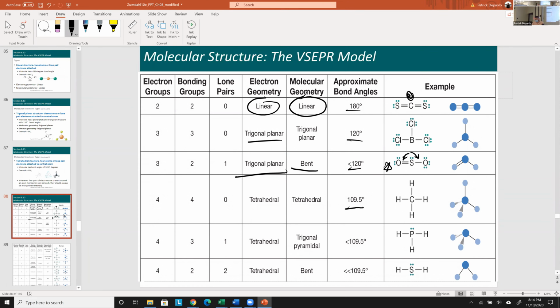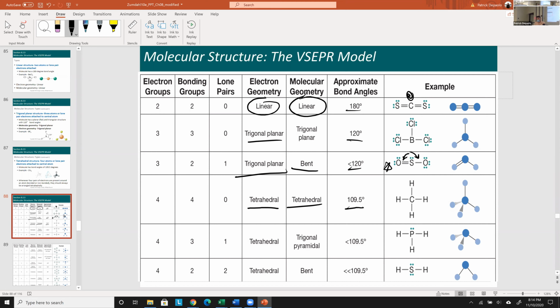Next one. 4 electron groups and they're all bonds, just like methane. Therefore, the electron geometry is tetrahedral, meaning there are 4 electron groups. Molecular geometry is also tetrahedral because in 3-dimensional space, all the electron groups are bonded to atoms.